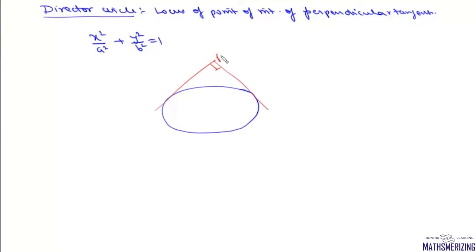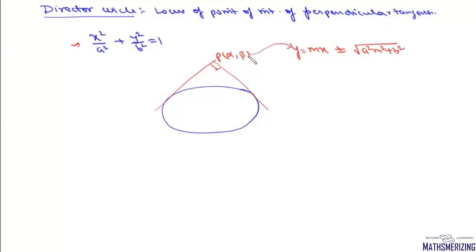Now suppose this locus is some point P whose coordinates are alpha comma beta. Now we know that for this ellipse, equation of tangent is given by y equals mx plus minus under root of a square m square plus b square. Now this tangent will pass through this point which is alpha comma beta.